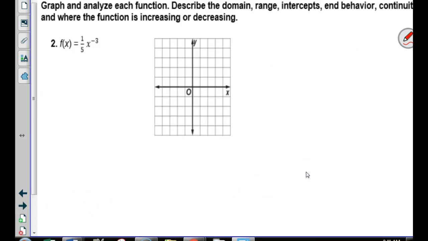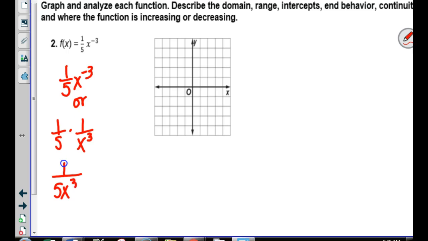So, number 2 is 1/5 x to the negative third, or 1/5 times 1 over x cubed, or 1 over 5x cubed. Those are all equivalent, just so we're clear. You can type it in the calculator as 1 divided by 5 times x to the negative third power. It's fine.